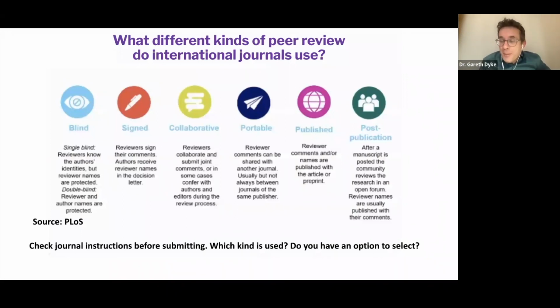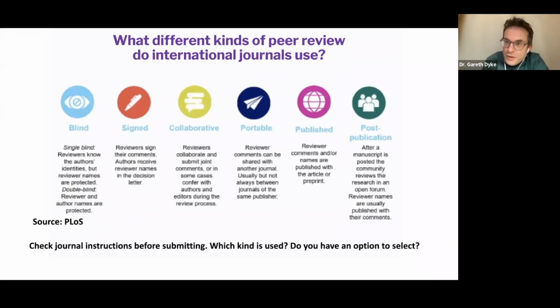So a quick summary of the different peer review models that different journals use. You can see them here, a slide that I took from PLOS, Public Library of Science, one of the big open access journal families. Very important for you as a researcher to be aware of the different kinds of peer review that are available to you so that you can select a journal that you feel fits best with how you want your paper to be assessed.